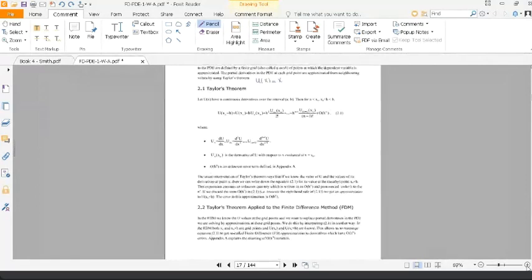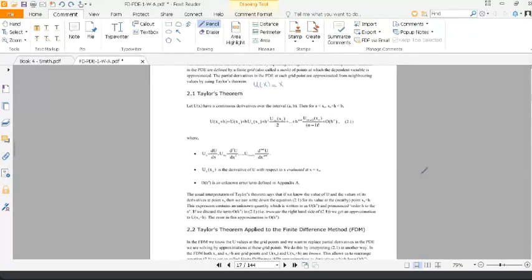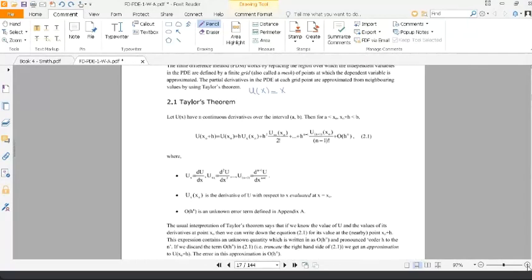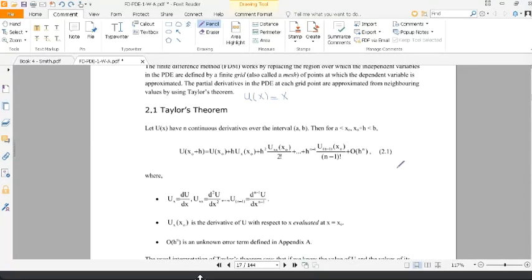You have u of x equal to x power 4 plus x minus 1 and x0 equal to 1. Okay.